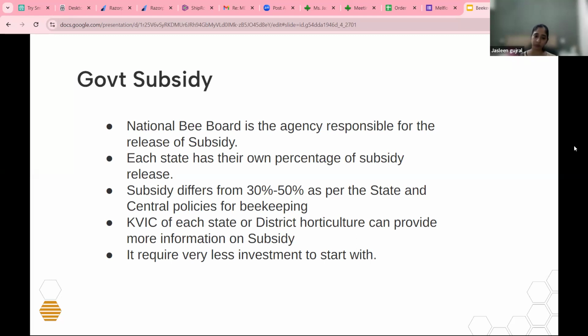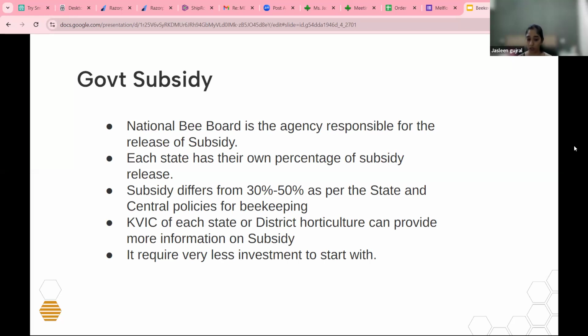If you want more information on the subsidies, then apart from the National Bee Board, you can also visit your local KVIC, Khadi Village Industry, Cottage Industries, or your state district horticulture centers, which will provide you more information on subsidies and how you can start.